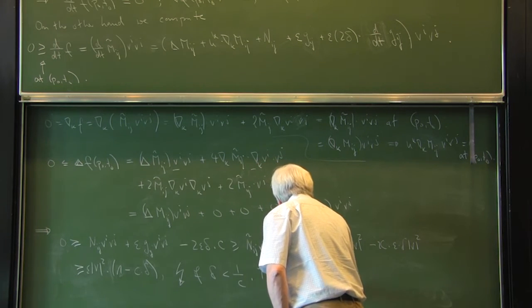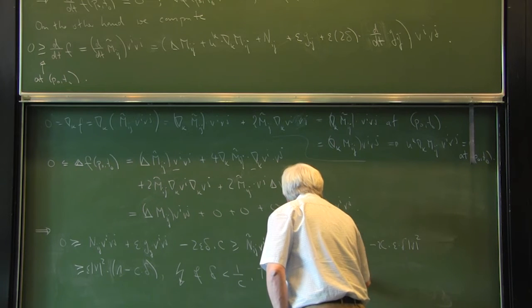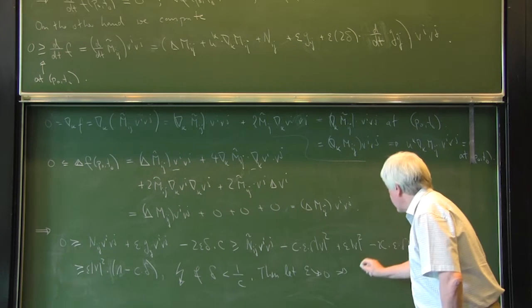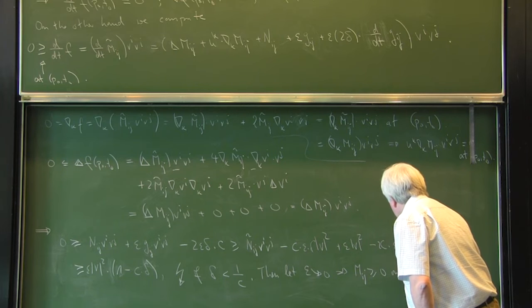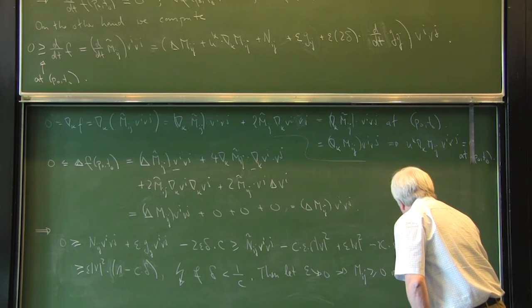Let epsilon tend to 0, and therefore we get that m_ij is greater or equal to 0 on 0 delta.